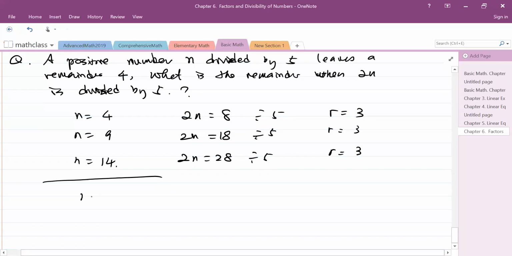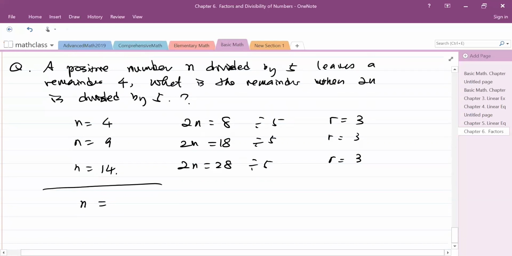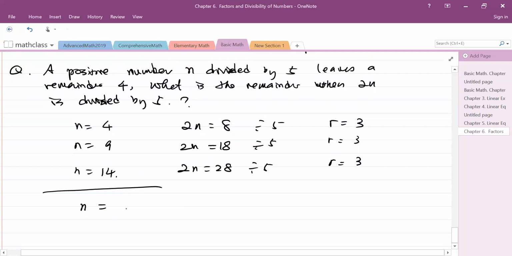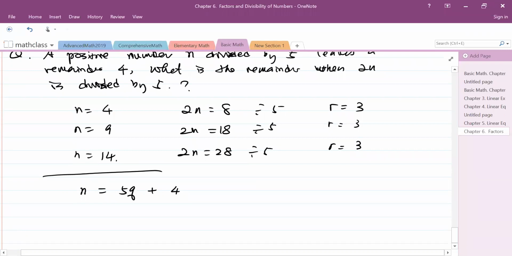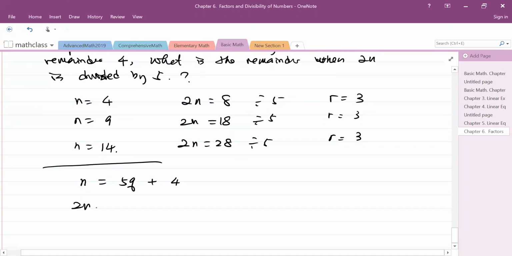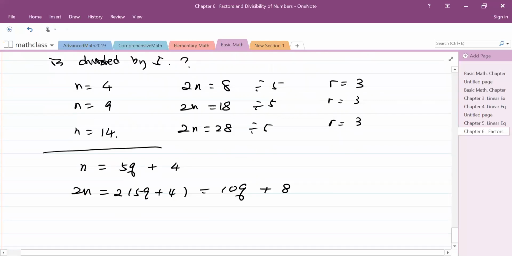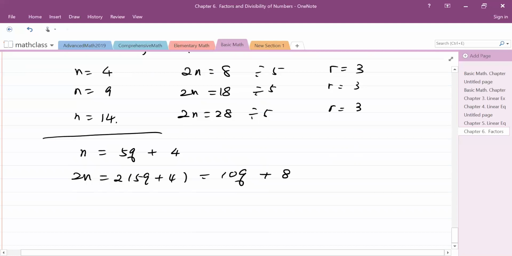If n divided by 5 leaves the remainder 4, that means n equals 5 times q plus 4. So let's look at 2n. 2n is 2 times 5q plus 4, which is 10q plus 8. But 8, if you divide by 5, has a remainder of 3.